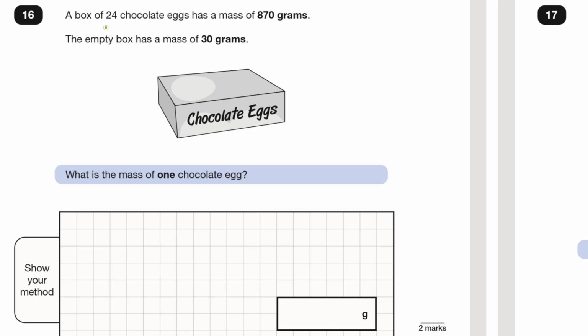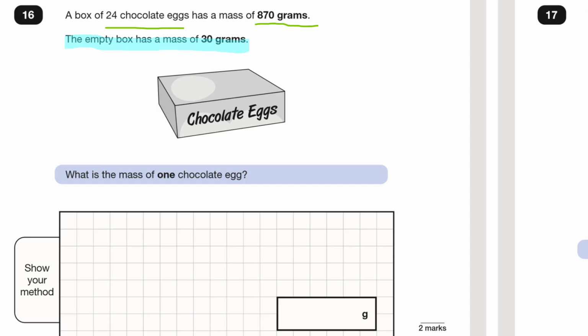So 24 chocolate eggs is 870 grams. So we could be tempted to think we're going to do 870 divided by 24. However, it also tells us that the empty box has a mass of 30 grams. So what that means is we need to deduct the weight of the box to find out what the weight of 24 eggs would be.